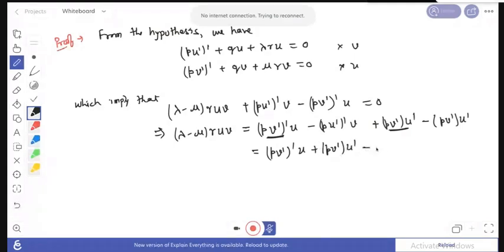Then minus, if we take these two together and the rest are these two, the minus is common, so p of u prime v plus p of v prime and this is u prime. So this can be written as u prime and v prime; we interchange this thing.